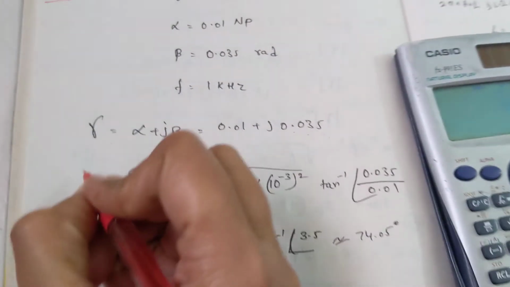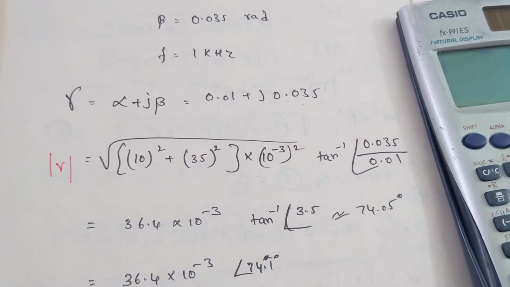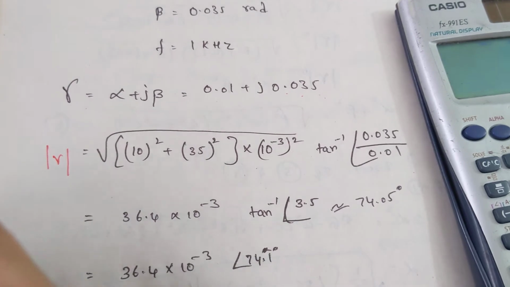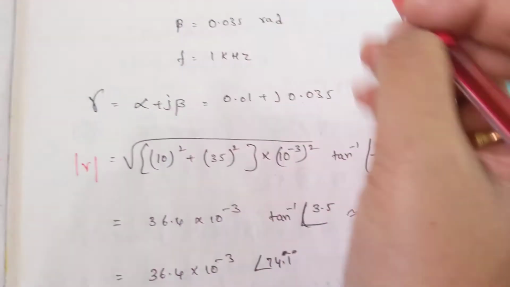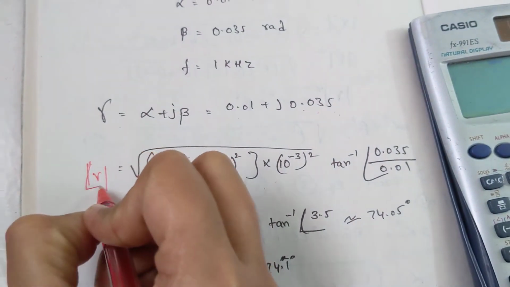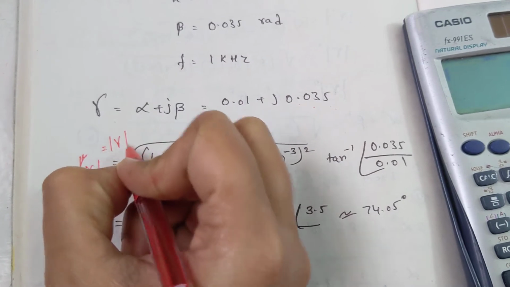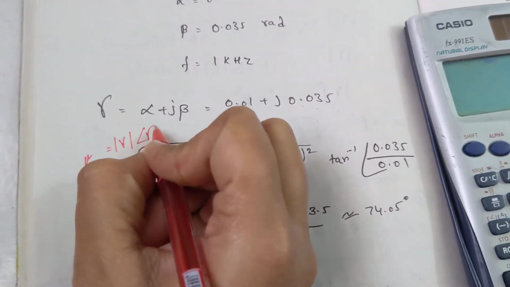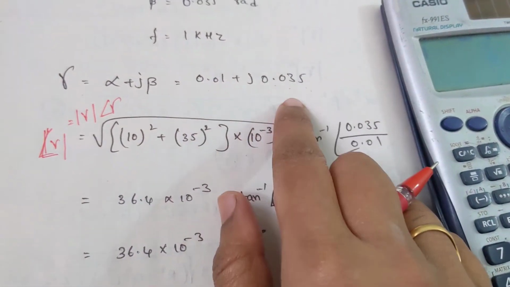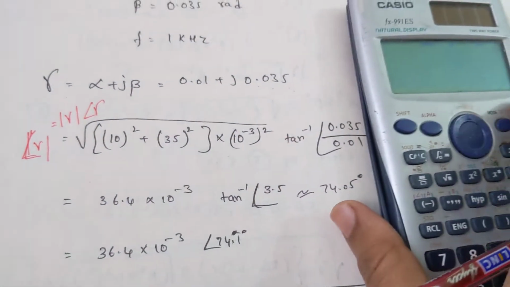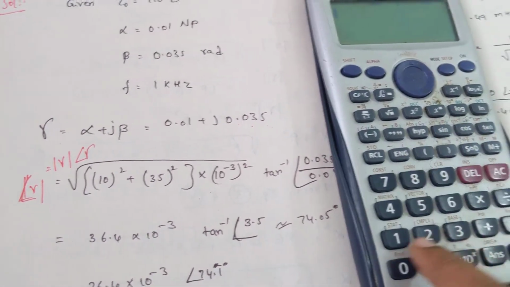So I have to find the modulus and the phase, that is, the polar format of this rectangular form. We are supposed to find the modulus of gamma and the angle of gamma. The modulus of gamma is the square root of real value squared plus imaginary value squared, which is the square root of 10 square plus 35 square.